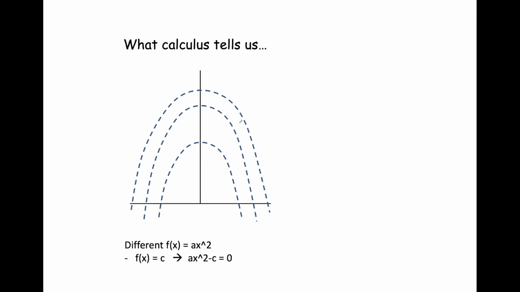And so if we look at our function, this particular quadratic, ax squared, we get for ax squared equals some constant. Depending on that constant, we get a set of concentric functions here. And so if that constant is smaller, we get a smaller version. If it's larger, we get a larger version. So what calculus tells us is that as we perform the minimization or the maximization, we're basically walking the gradient that's tangent to the surface of this function.